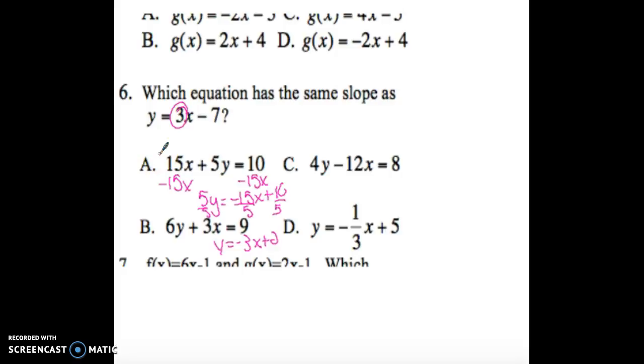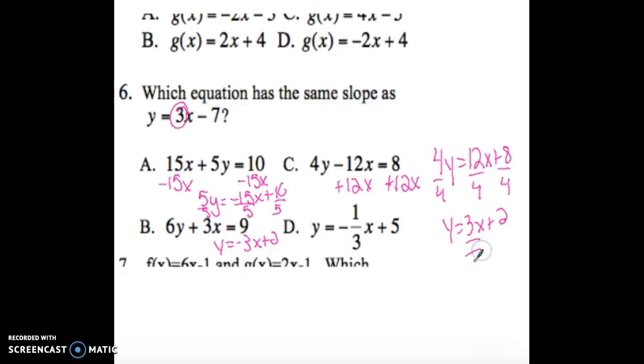If we look at C, if you subtract 4y, if you add 12x, at least you know that you're going to get a positive number, and you get 4y equals positive 12x plus 8. Divide by 4, and you get y equals 3x plus 2. That has a slope of 3.